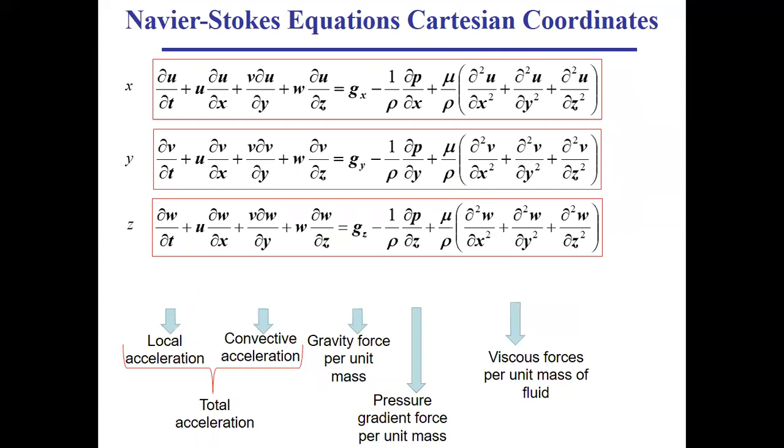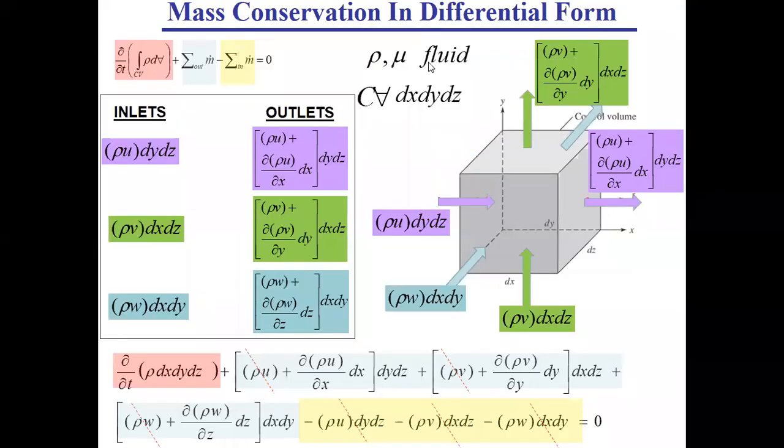Now, if we want to derive the momentum equation, we'll follow a similar procedure, but instead of taking the inlet and outlet fluxes, we will consider the balance of forces on the element.